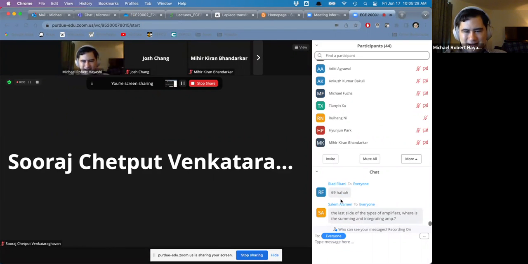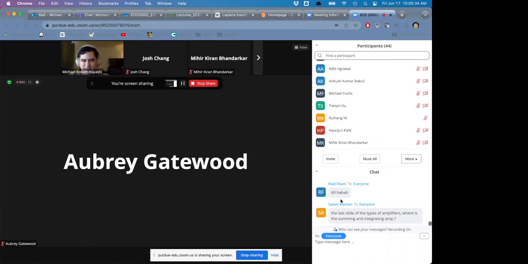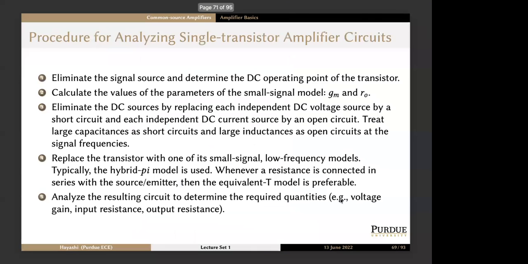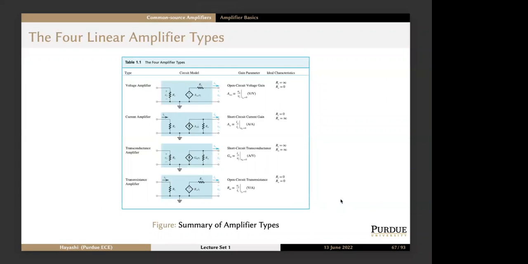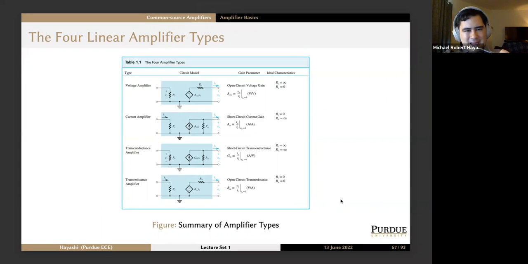The last slide of the types of amplifiers, I'm looking at Salem's question right now. Where is the summing and integrating amp? These are generic amplifier types with gains. If you want to have a summing amplifier, it would basically be a voltage amplifier with multiple inputs.